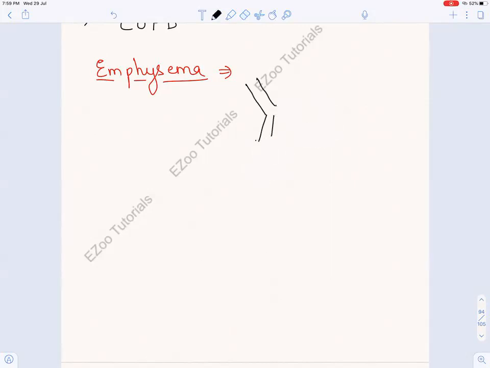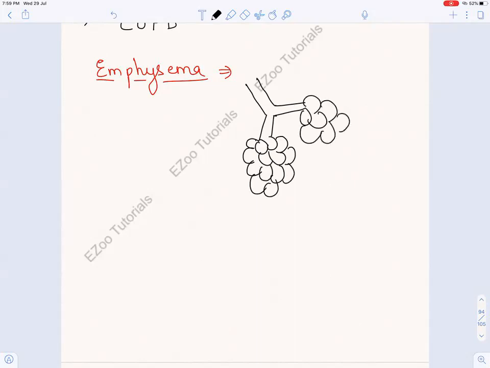Let me draw more properly so that we can understand. They look like a bunch of grapes, no, when we draw. Okay, so these are the alveoli of a healthy person.